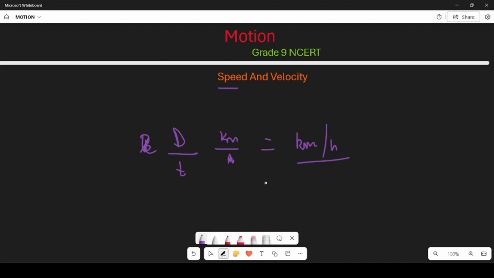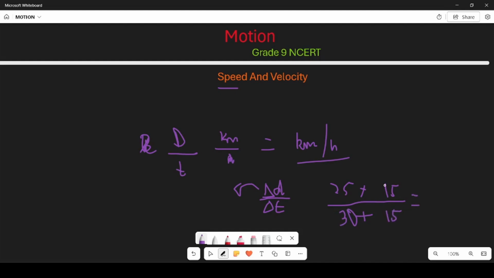Average speed would be total distance over total time. This triangle symbol you see represents total. So total distance: you've got two distances, 25 and 15, divided by time, which is, let's say, the first 25 kilometers it moves in 30 minutes plus 15 minutes.